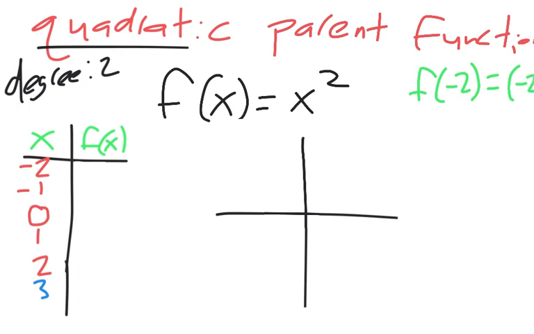I'm plugging in -2 for x. So what is -2 squared? In our heads, a negative times a negative is a positive. 2 to the second means I'm multiplying 2 by itself, so 2 times 2 is 4. So if I plugged in a -2, I got out 4.